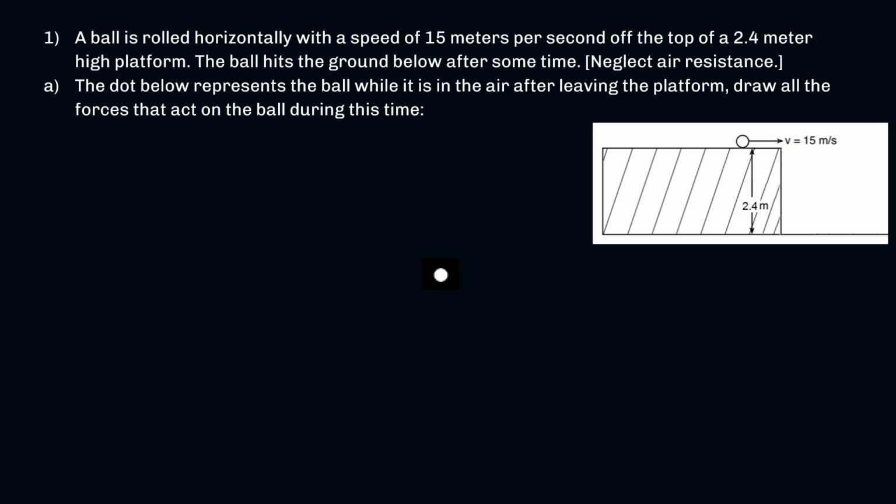So for this one, we're not in contact with anything. So that means that we are going to end up having just Fg. And Fg on Earth, the last time I checked, if I drop something, it's going to fall straight downwards. So I should have here a line that is straight downwards from my dot, and Fg.